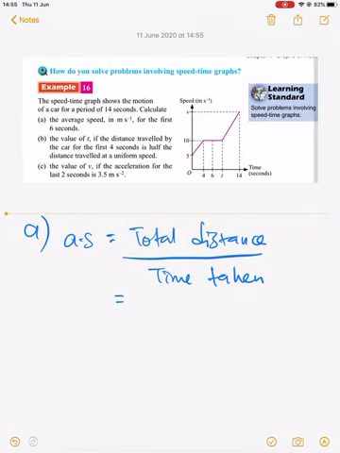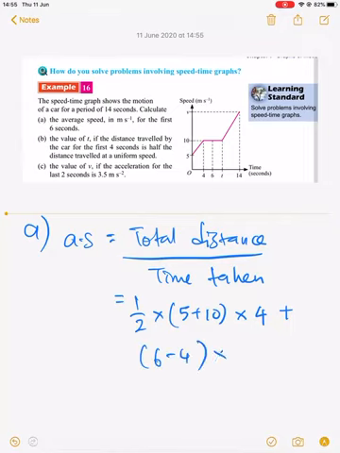For the first 6 seconds we have two shapes there, a trapezium and a rectangle. For the trapezium, 1/2 times (5 plus 10) times 4, and for the rectangle, (6 minus 4) times 10.